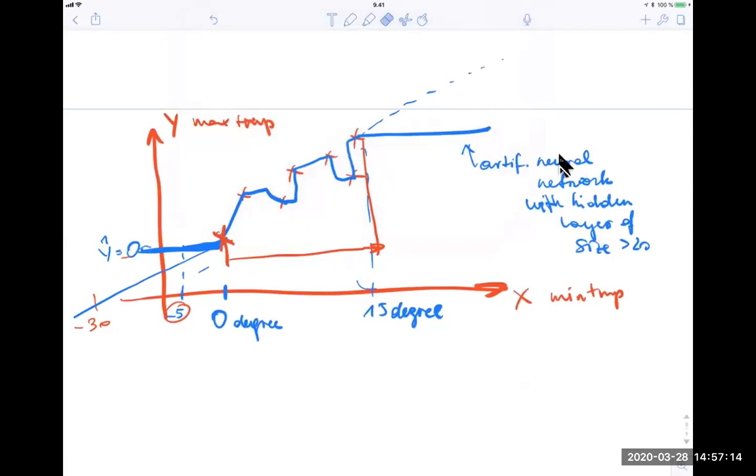So we should not have this flattening out here. This is completely unrealistic for us because we have a lot of prior knowledge and concepts about how weather behaves, but the computer doesn't have that.